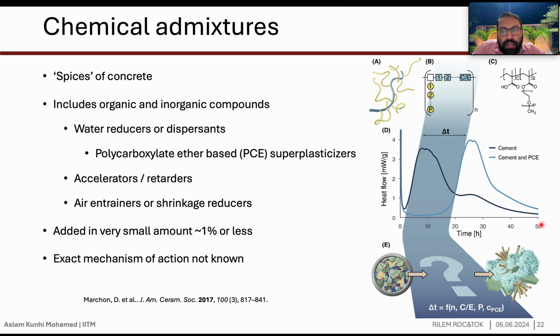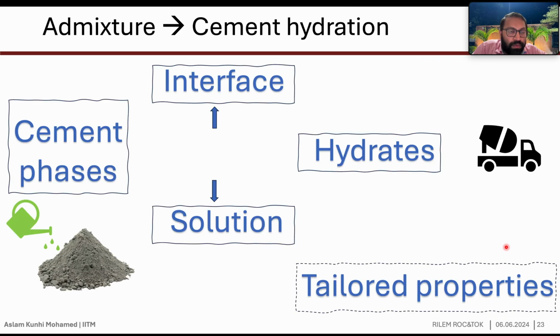Here is a depiction where a PC polymer, polycarboxylate ether based superplasticizer, can retard the cement hydration significantly, while also improving the flow properties.